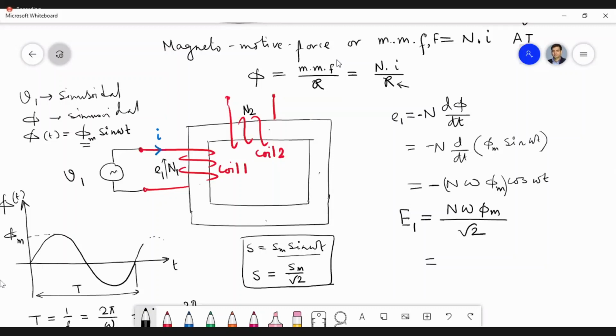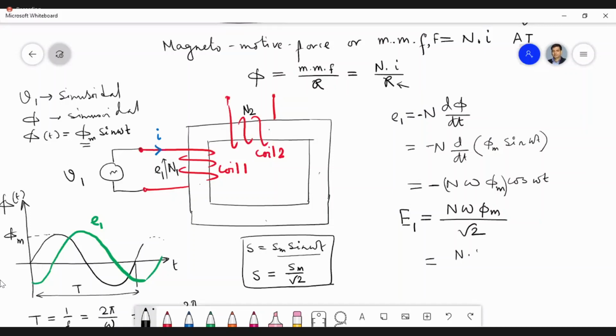Actually, we will get a sinusoidal voltage waveform like this, isn't it? And the RMS value of that is the maximum value divided by root 2.